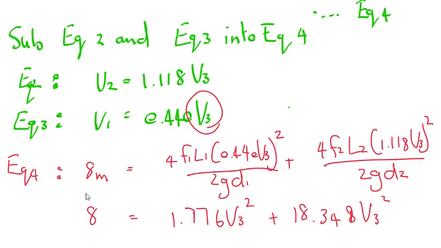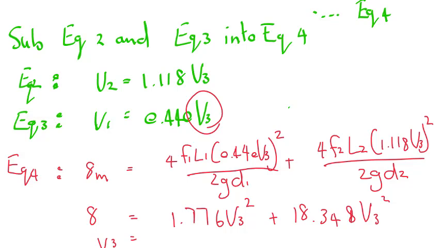So now we're left with this. Now we can simply solve for V3, right? Should be easy. So let's see. Now I'm going to store that 18 so we can use it.